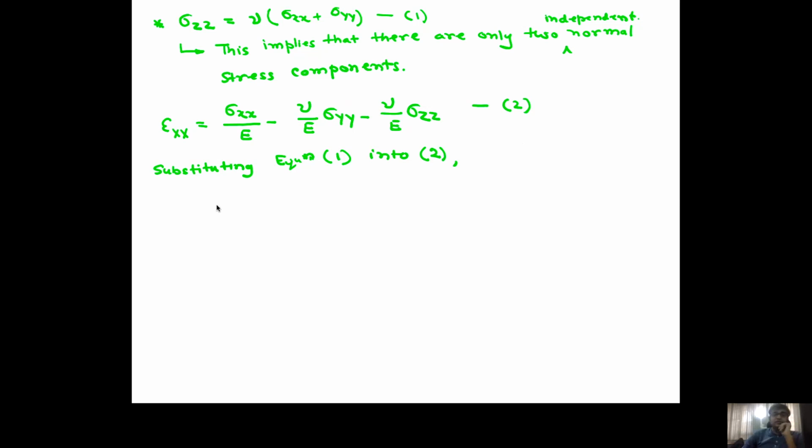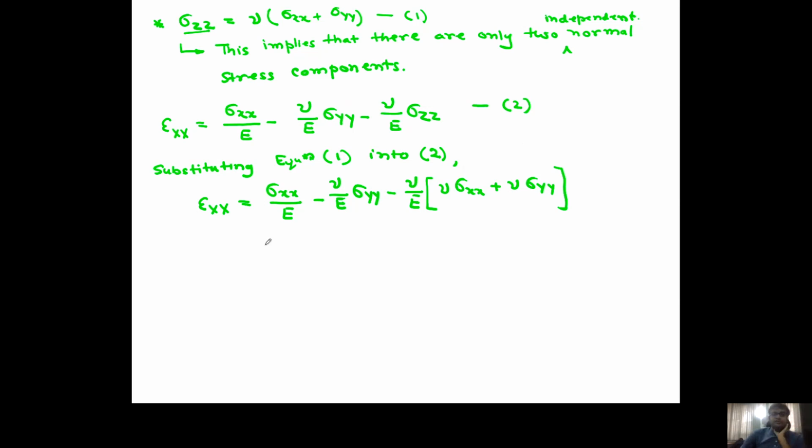What are we getting? Epsilon xx is equal to sigma xx by E minus nu by E sigma yy, and then minus nu by E, and inside the bracket, instead of sigma zz, we write the right hand term, which is nu sigma xx plus nu sigma yy.